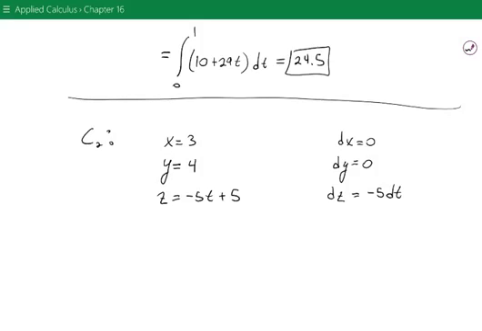This makes sense because we're doing a line integral across a curve, but that curve is actually just a one-dimensional line. So we're just going to get the integral from 0 to 1, and everything's going to go away except for the part that's in terms of z.